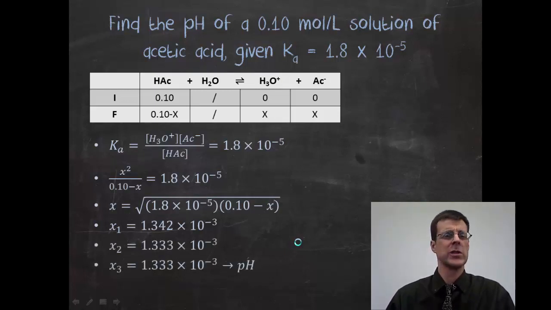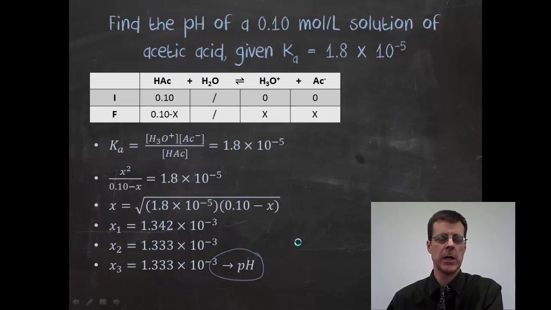I don't even really need to write them down other than for me to keep track of how much it has changed. Okay, now I'm happy, it's held constant. Once I know x3, I use that to find pH, which I haven't done in this question because that's no different. So this is using successive approximations.